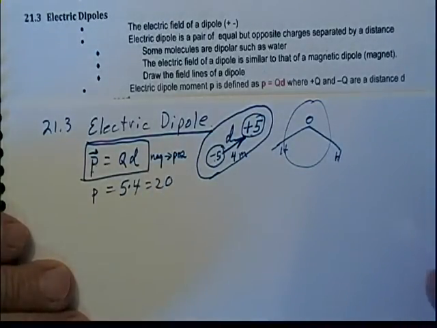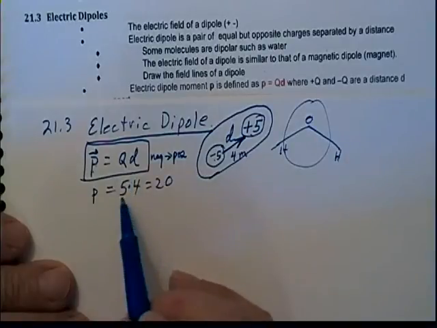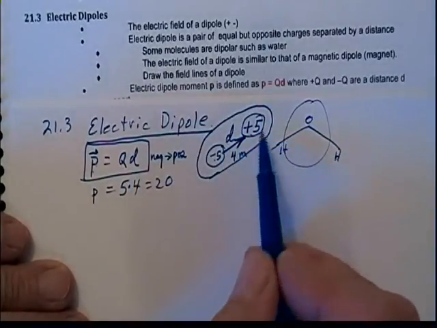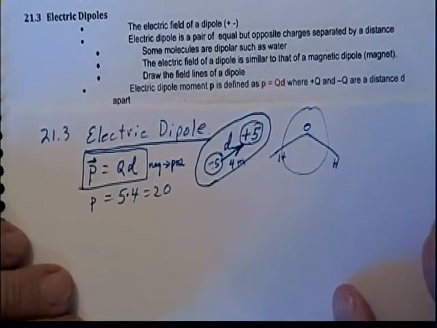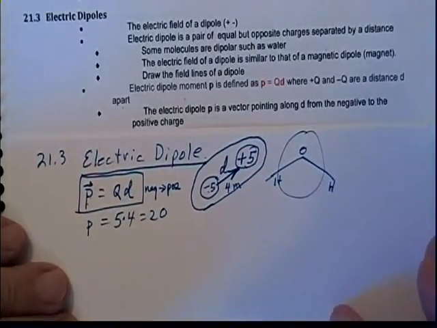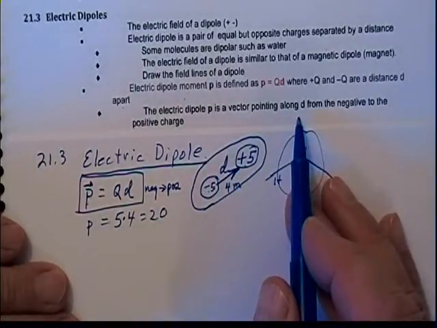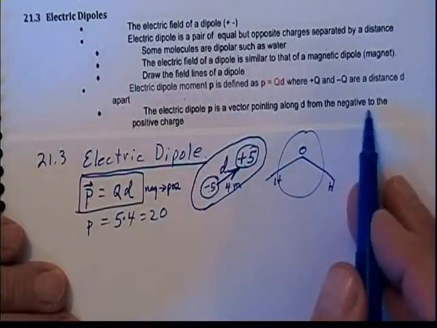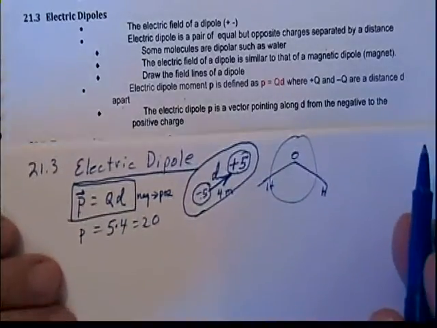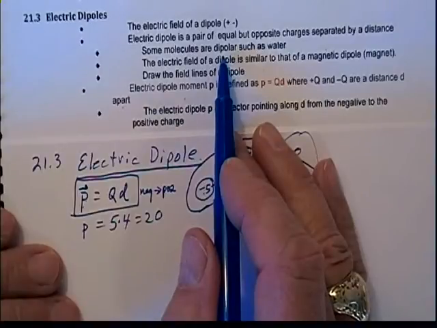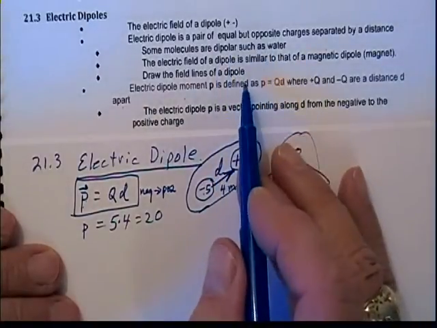Well, 20 what? 20 coulomb meters. And there's no special name for that unit either. And so the electric dipole is a vector that points along the distance between the charges from the negative to the positive center. Many molecules are dipolar in nature, as with water, which I just described.